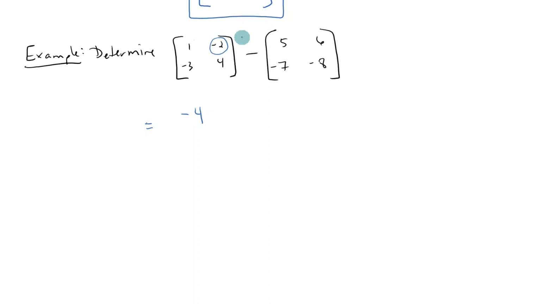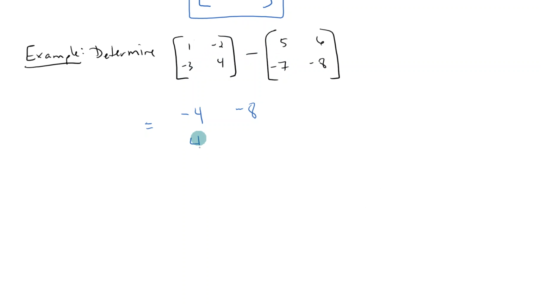Then we have negative 2 minus 6, which is negative 8 for the first row, second column. Then we have negative 3 minus negative 7. That's negative 3 plus 7, which is 4.